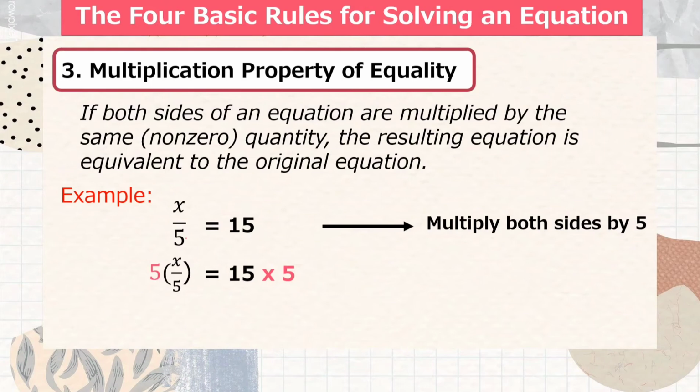Okay, cancel the 5. So, ang natitira na lang dito ay x. So, we have 15 times 5. The answer is 75. So, the answer there is x is equal to 75.